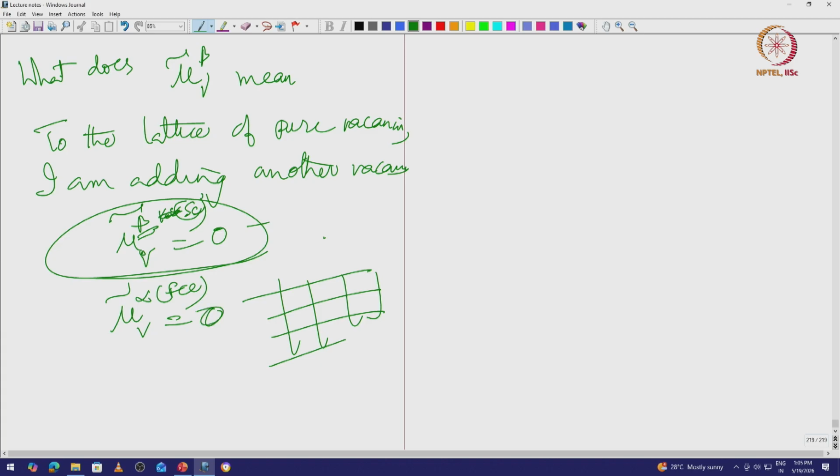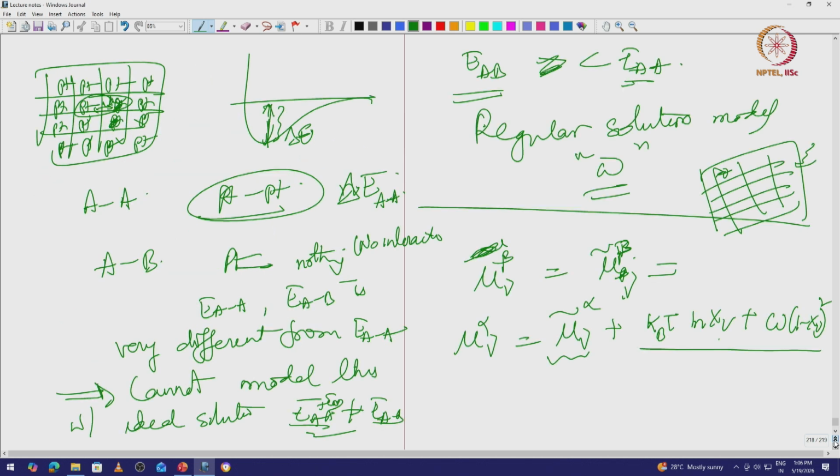Okay, so there is no energy that I am expending in adding nothing to nothing. So this is 0, right, and then I am going to say that mu v beta equals mu v alpha, and that means that kBT ln x_v is equal to minus omega times (1 minus x_v) whole square, right.